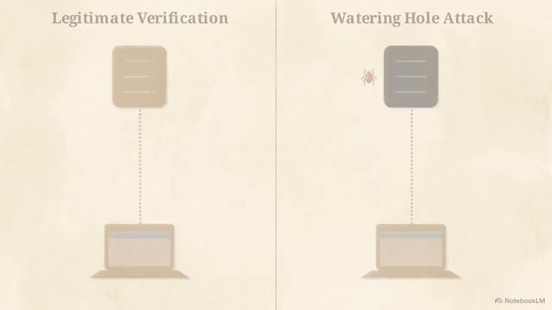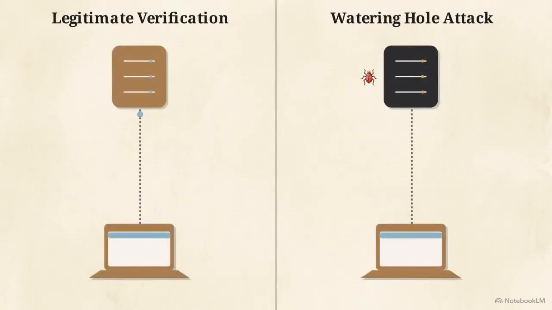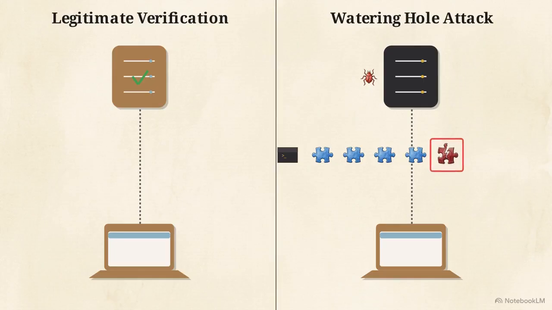This diagram compares the two flows. On the left, a media server challenges the client for a proof of origin token. On the right, a malicious watering hole server forces the browser to run a profiling script, silently fingerprinting the user's operating system, plugins, and patch levels. Groups like North Korea's APT37 use tools like RICECURRY to perform this analysis in the background until it locates a specific vulnerable plugin.